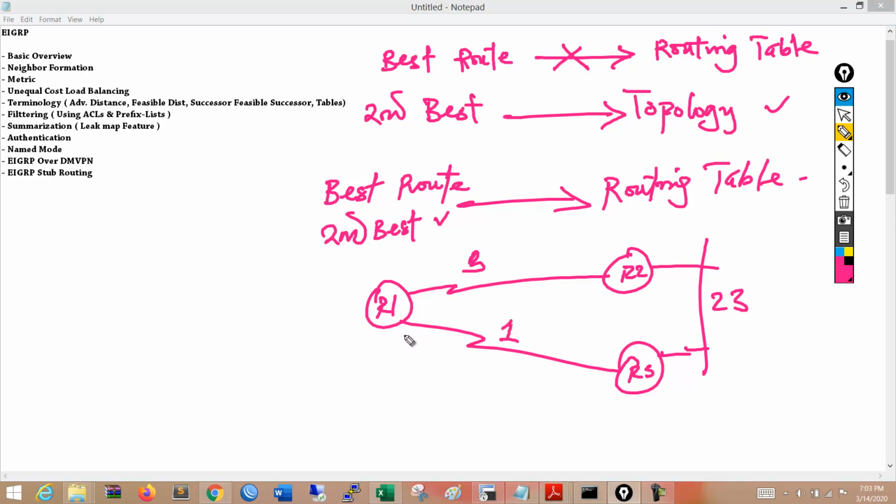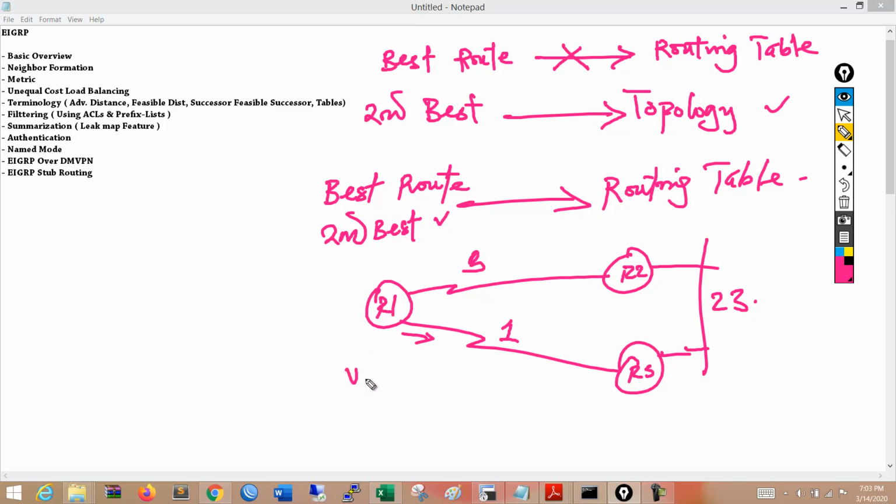So R1 says, this is my best route to network 23, and by default we install this in the routing table and put the other into its topology table.